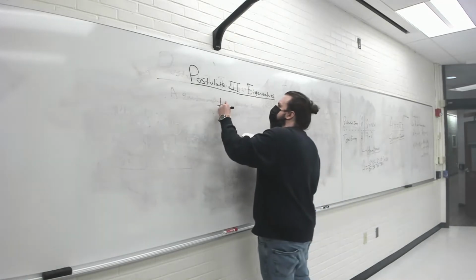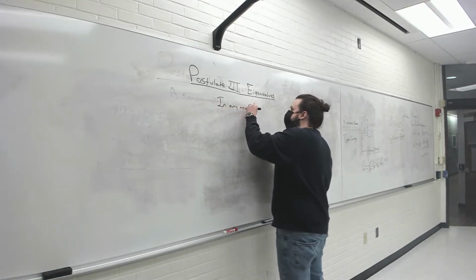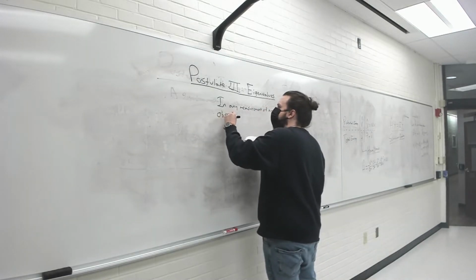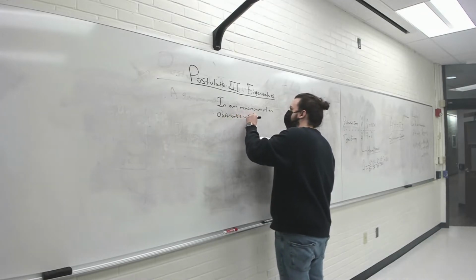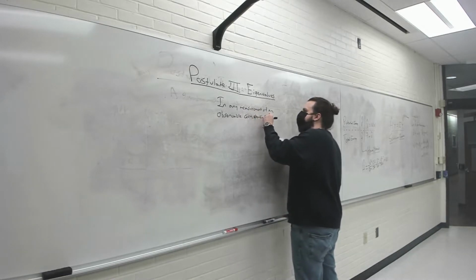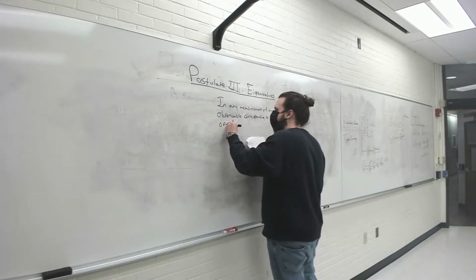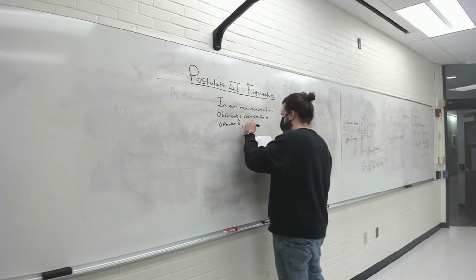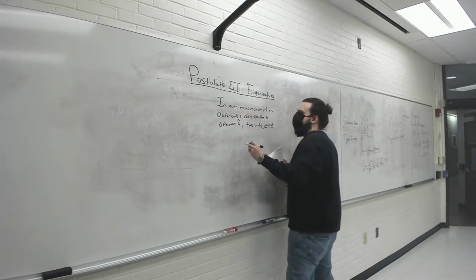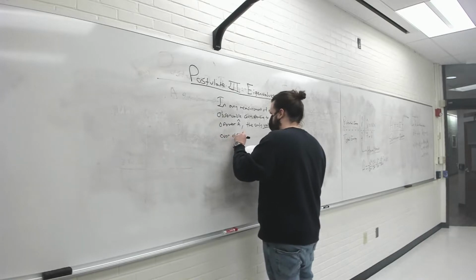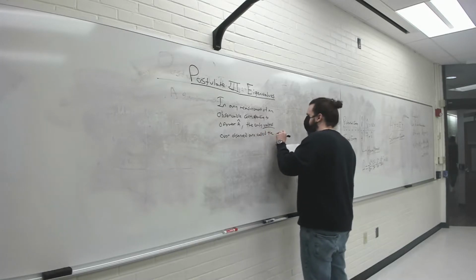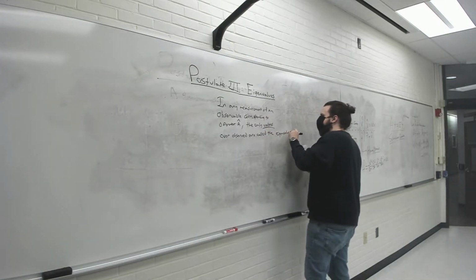So if in any measurement of an observable corresponding to some operator, let's just call it A, the only values that you will ever see in your instrument are called the eigenvalues of A.